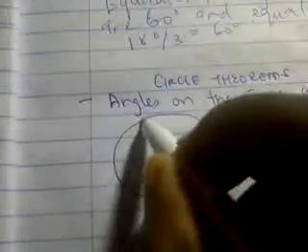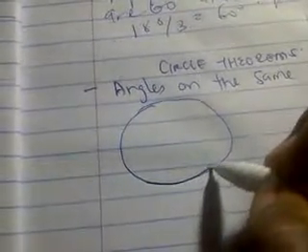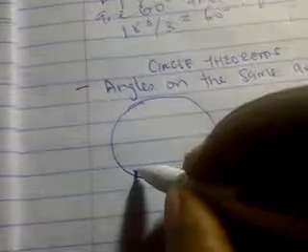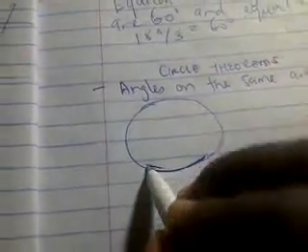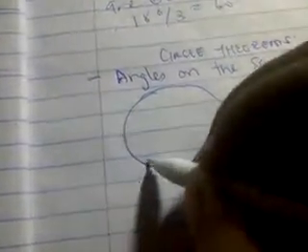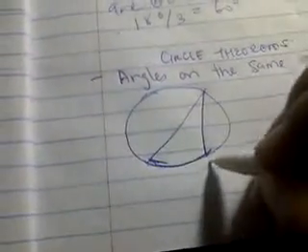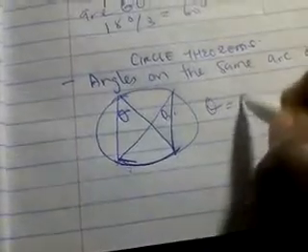For example, let's say this is a circle. Remember from our circle video, this is an arc that's from a part of the circumference. Now if this arc subtends this angle at this point of the circumference, and this same arc again subtends this angle at this point of the circumference, let's call these theta and theta 1.